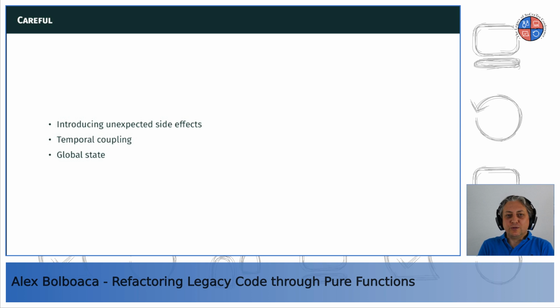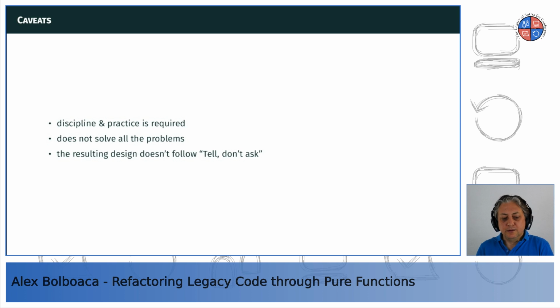You can go all the way to lambdas without quite noticing the temporal coupling. And there are issues with global state. If you don't notice global state, you can have global state in a lambda perfectly fine. You still need discipline and practice. It does not solve all the problems.